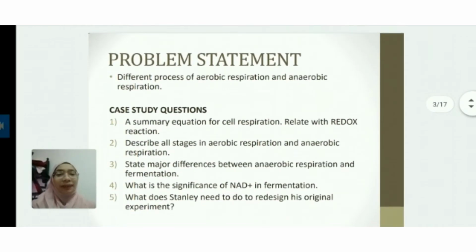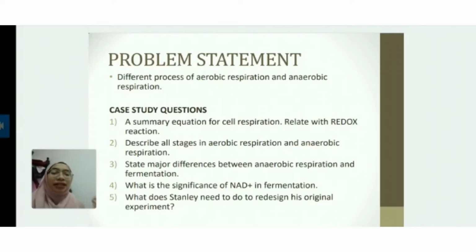The problem statement of the case study on aerobic respiration and fermentation is the difference between the process of aerobic respiration and anaerobic respiration. The case study has 5 questions that I will discuss today. First, a summary equation for cell respiration related to redox reaction.